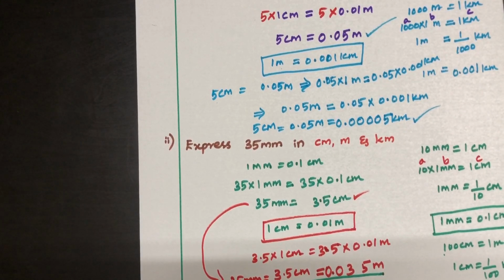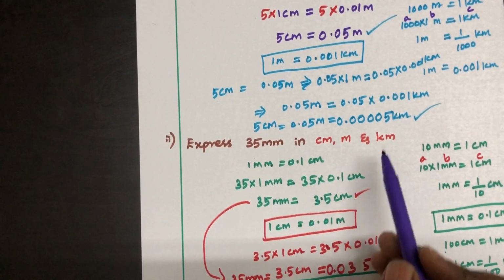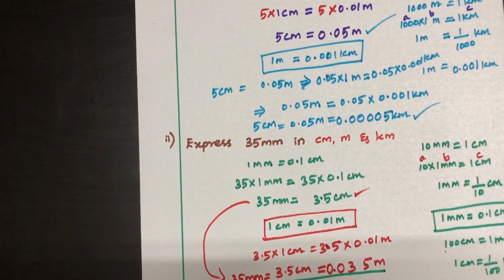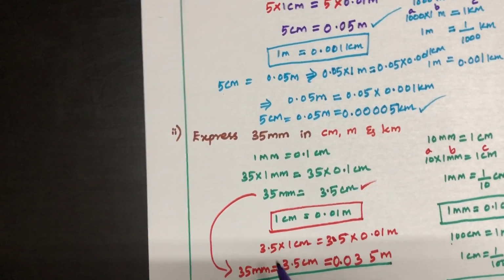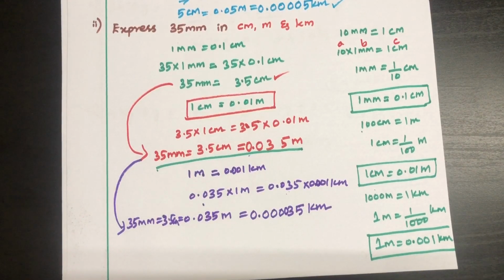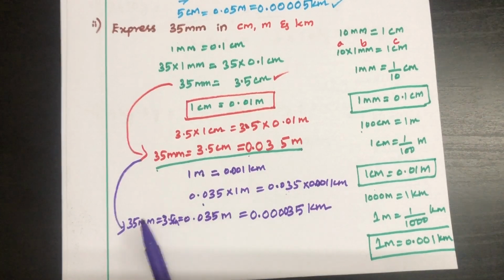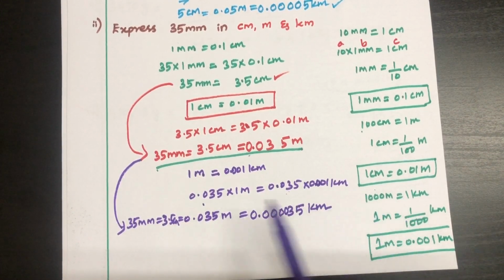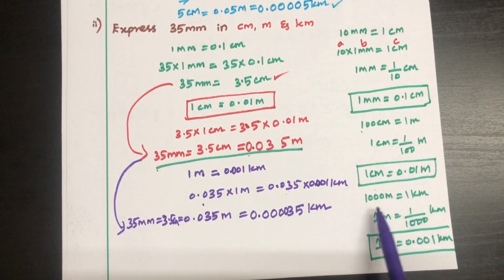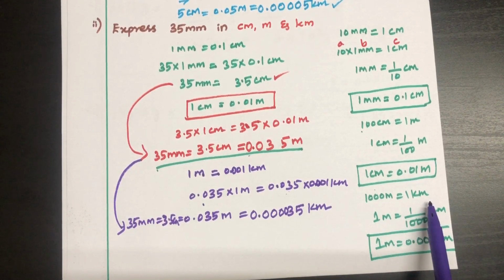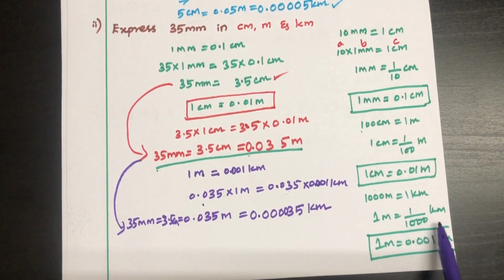Now we want this 35 mm in kilometer also. So what is the conversion of meter into kilometer? Now we are going to convert 35 mm in kilometers. Same thing. See here, 1000 meter is equal to 1 kilometer. So 1 meter is equal to 1 by 1000 kilometer.